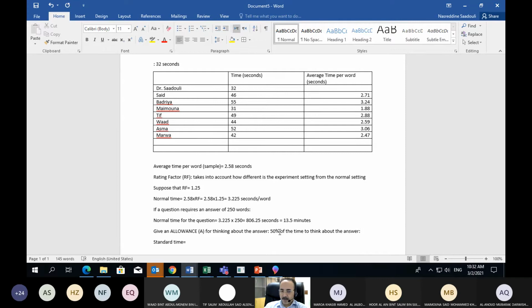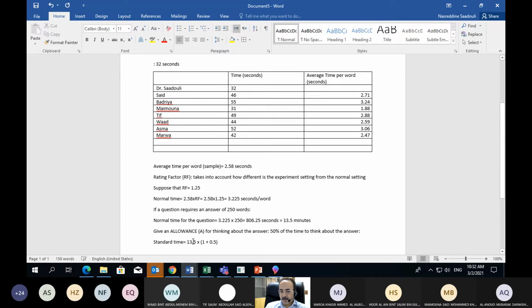What does that mean? It means if the normal time to type is 13.5 minutes, how much time should I give the student to answer the question, to actually think about it and type it? Well, it will be 13.5 multiplied by 1 plus 0.5. It's the 13.5 that he will need.